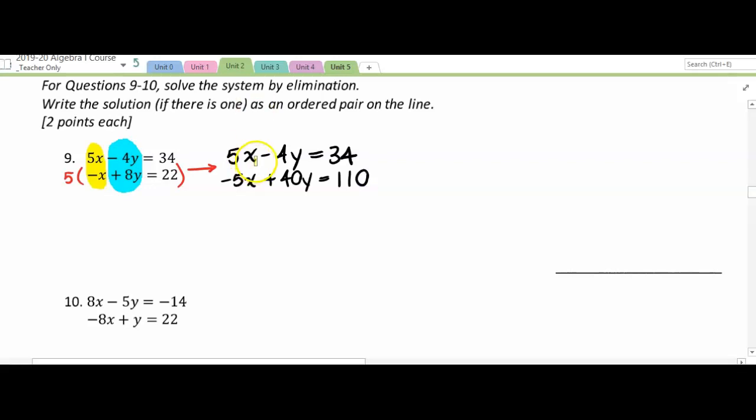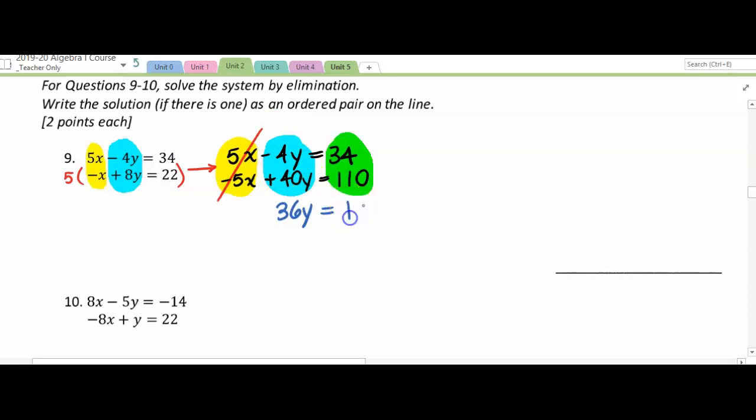Now when I look at the yellow bubble, the blue bubble, and the green bubble, I can see that the yellow bubble is going to burst because the negative 5 and positive 5 cancel. When I combine my terms in the second blue bubble, I end up with 36y.